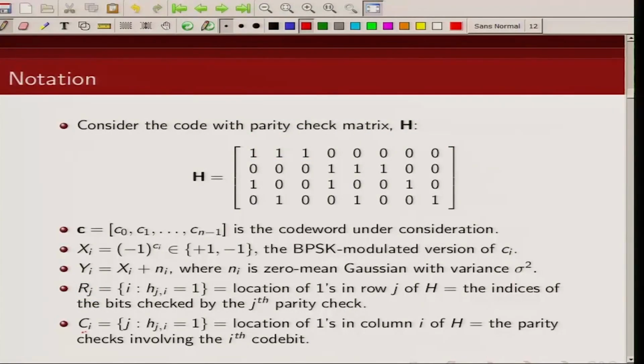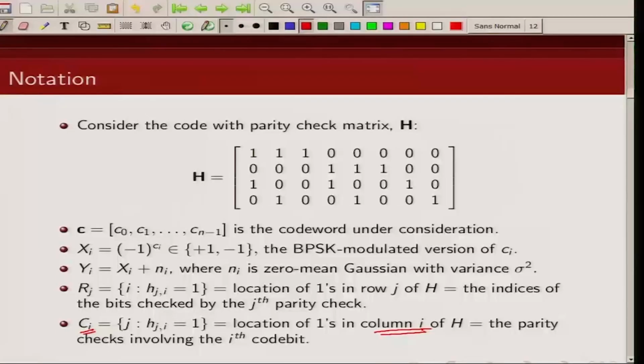Now, we use this notation Ci to denote the location of ones in column i. Now, what does the location in column i denote? It denotes that the ith bit is participating in how many parity check equations, and which parity check equations. So, let us look at what is C0. This was again bits 0, 1, 2, 3, 4, 5, 6, 7.